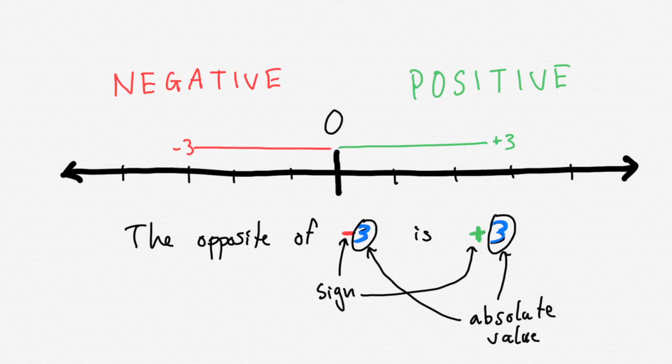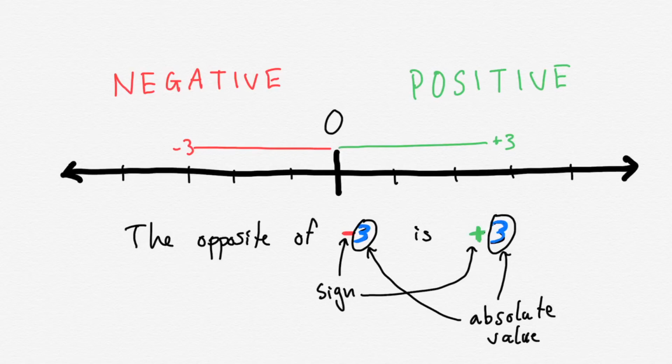So the absolute value is just whatever number is left over. If I were to ask you, what's the absolute value of -7, the answer would just be 7. I don't have to think about positives or negatives. The absolute value is just the number itself. Whereas the sign is all about whether or not the number is negative or positive.